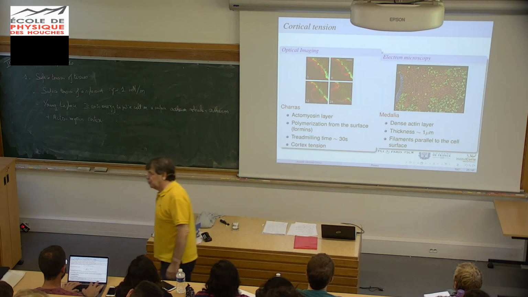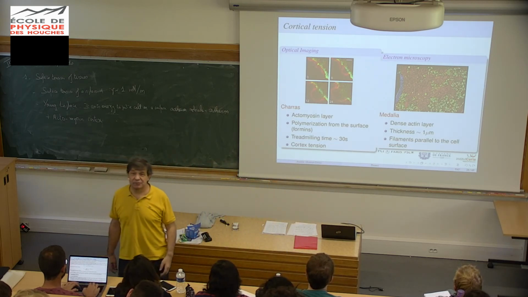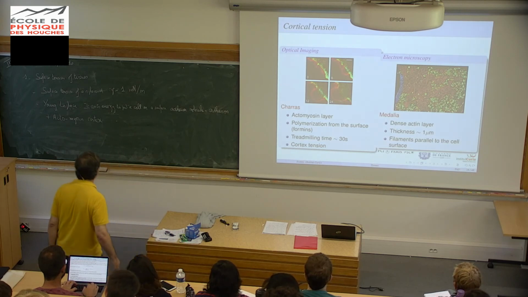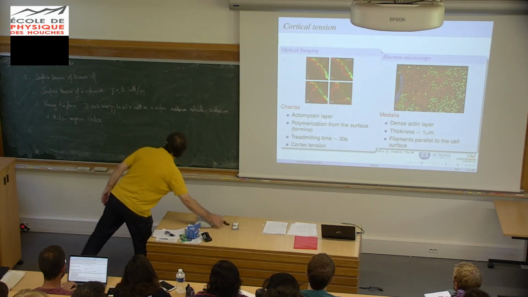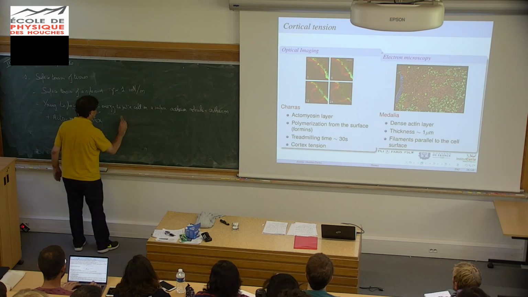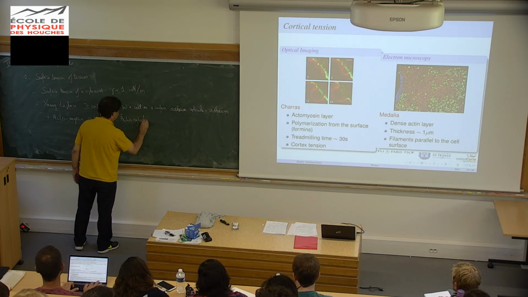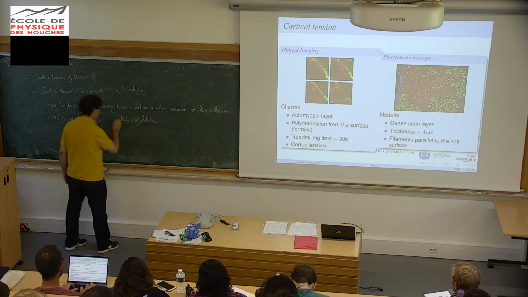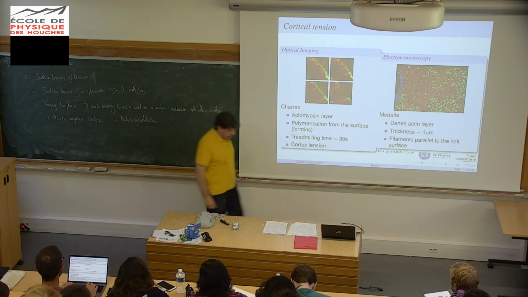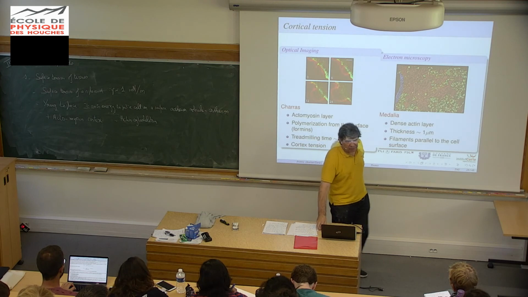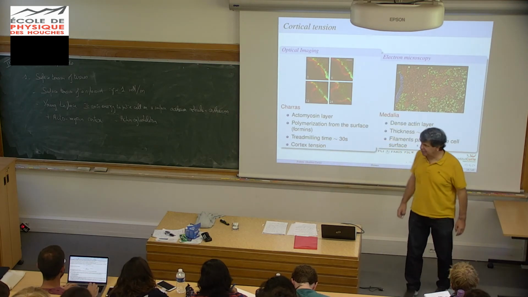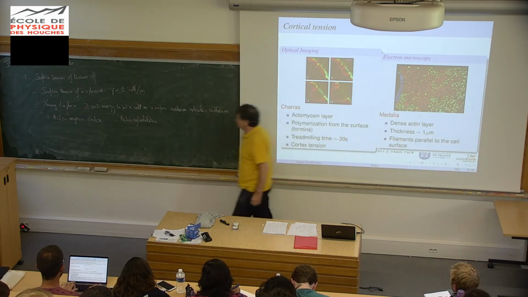And the most important one for cell elasticity is what's called actin. And actin forms what's called the cytoskeleton. Now, actin interacts with molecular motors. The molecular motors which interact with actin are called myosin.